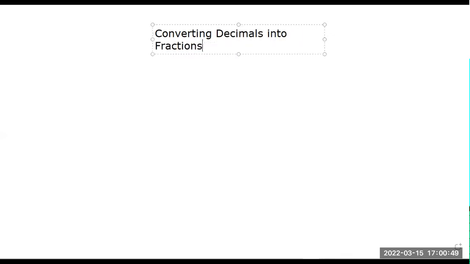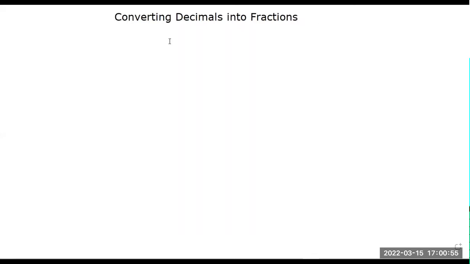So let's talk a little bit about converting decimals into fractions instead. Right, so we're going to do the opposite of what we did last week. Right, so last week we would have been given a fraction, for example. So let's do a quick recap.